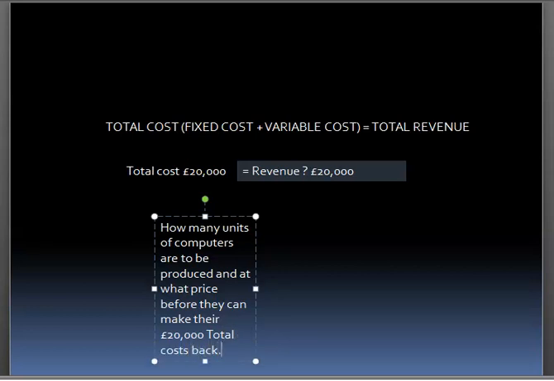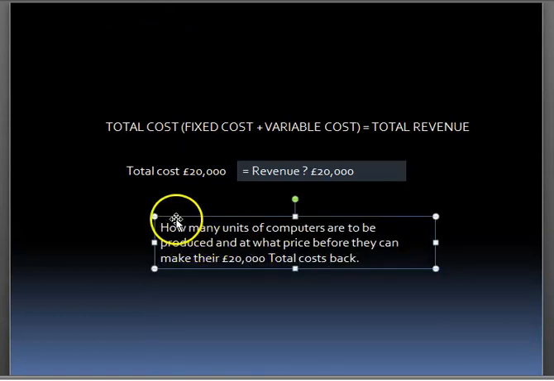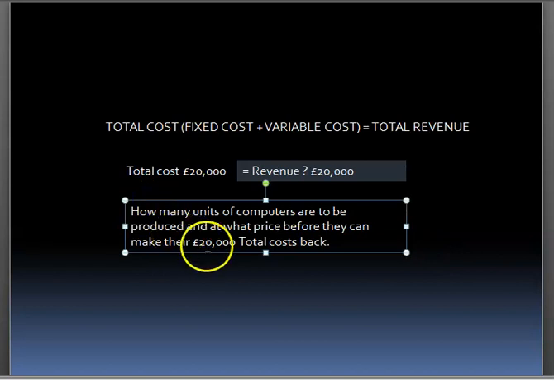That is just a question they are asking, let's say the accountant. How many units of computers are we going to be able to produce and at what price before we can make £20,000 total cost back?